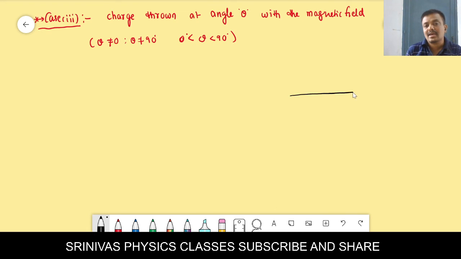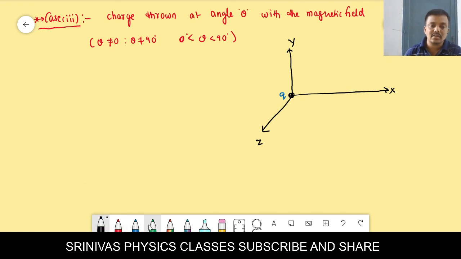This is the x-axis, remember it. This is the y-axis. This is the z-axis. Q is the charge. Let us take Q as a charge.